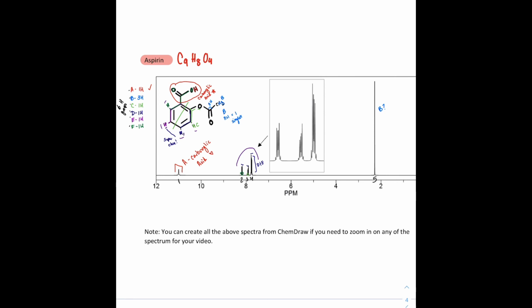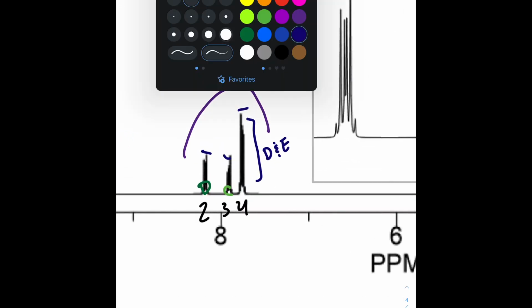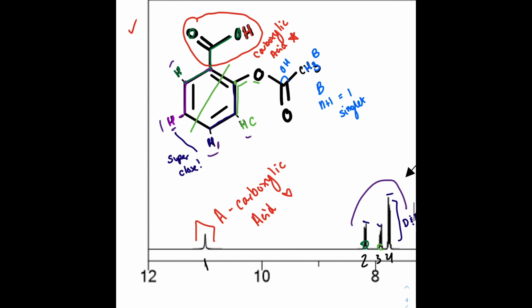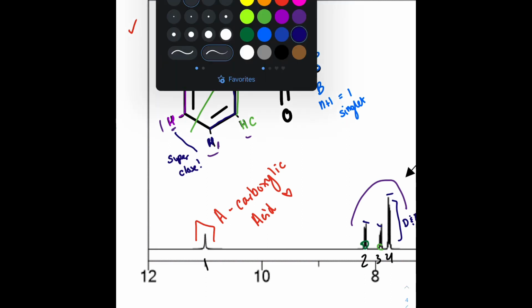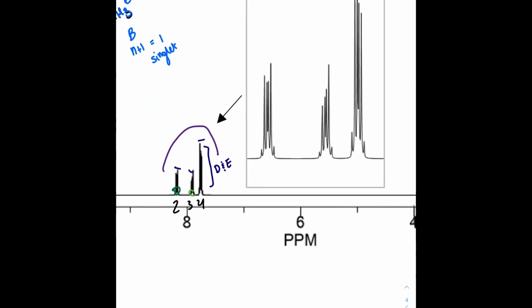So let's actually go right back into this big group. And we're going to think, why are these multiplets if, looking at these hydrogens, they should hypothetically be doublets because all their neighbors only have 1 hydrogen. So this is caused by spin-spin coupling.